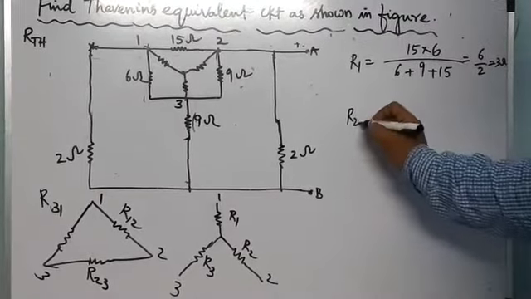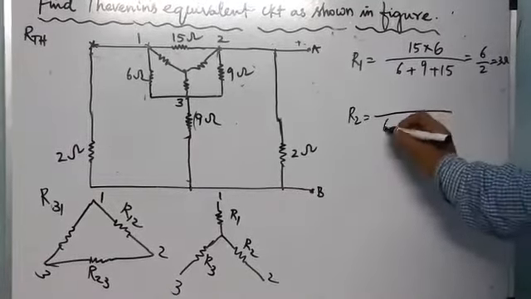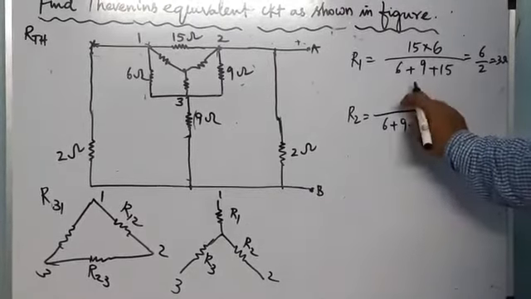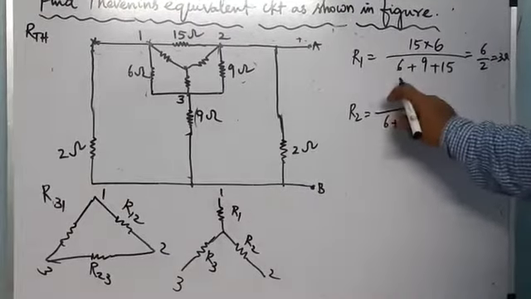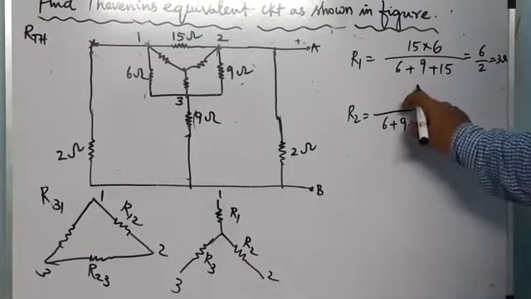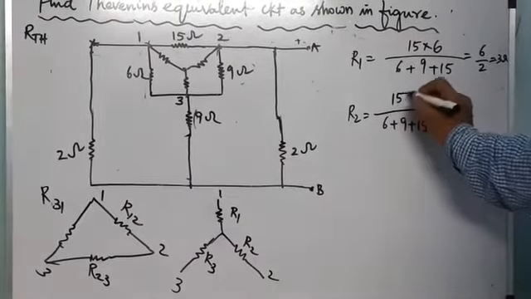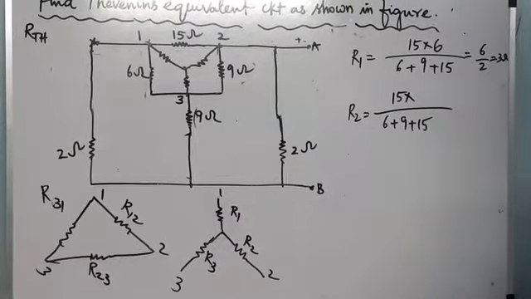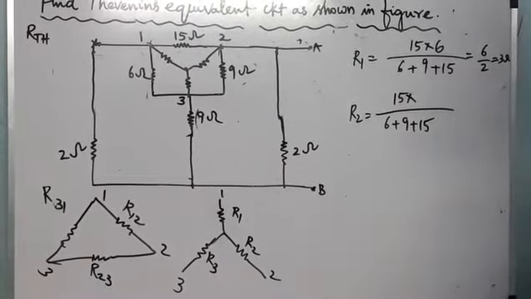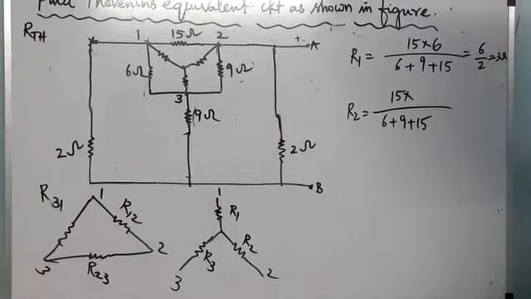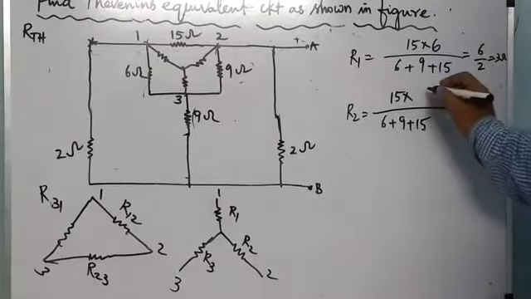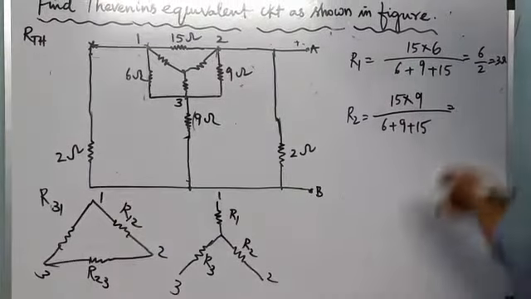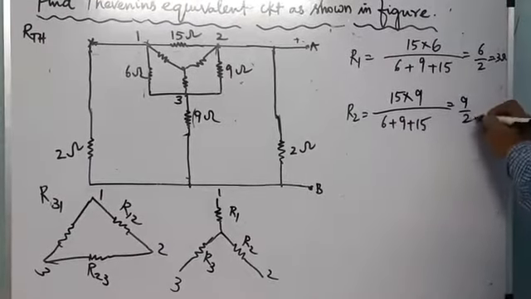Similarly R2: denominator 6 plus 9 plus 15, numerator R23 into R12, that is 15 into 9, so the value is 9 by 2 ohms.